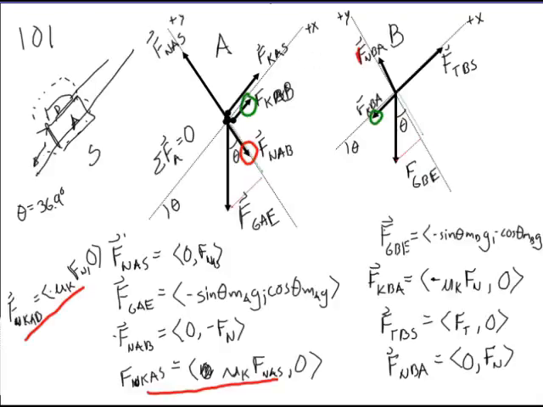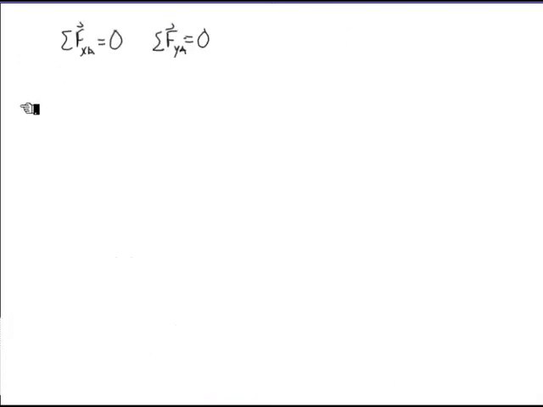Alright, so switching back here, if I want to know the x direction on A, I just add up all the x components. You should have this in front of you if you did the problem. So this is going to be mu_k F_N, oops, minus sine theta m_A g, plus mu_k F_N A S equals 0.